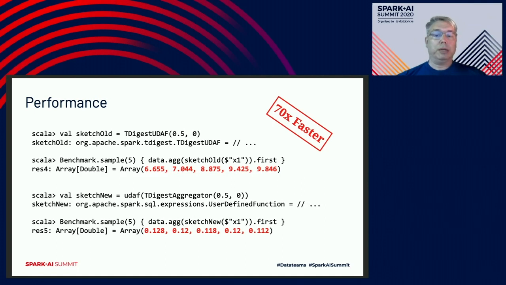Maybe it's only 10 times or 5 times. I've done experiments with very, very simple aggregators where the difference is almost zero. However, generally speaking, all the simple aggregators already come predefined with Spark. If you're using custom aggregators, it's very likely that your data structure is something not trivial, and so this should be a big help for you.